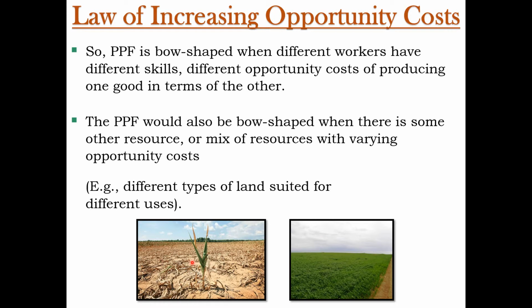Probably this land, right? Because once he does, the sacrifice, the opportunity cost in terms of the number of crops he'll lose will be very, very little because this land didn't grow very many crops anyway. But if he wants to install more solar panels, right, where's he going to have to install them then? On his good land. And the opportunity cost of that would be very high. And so thus, this farmer in this situation would also have increasing opportunity cost. Why? Because of differentiated resources.